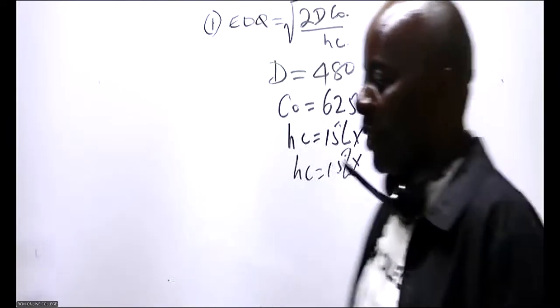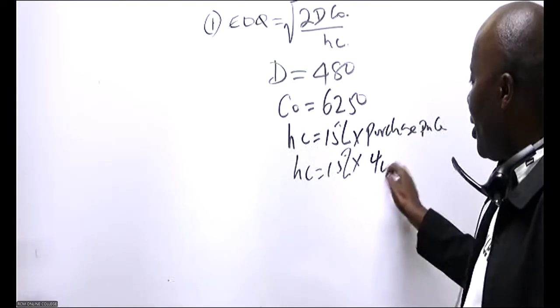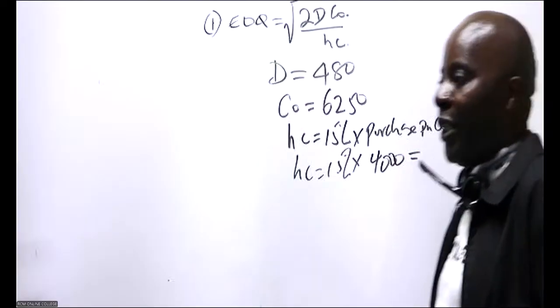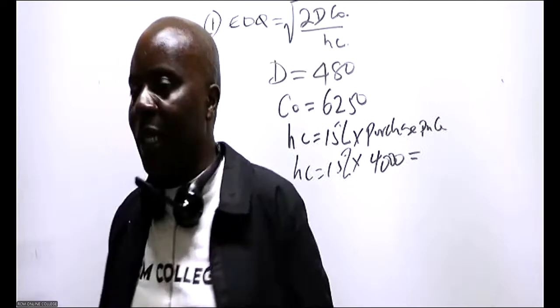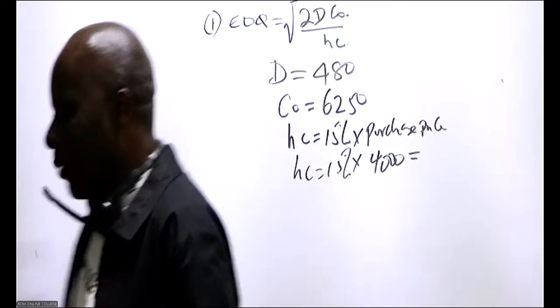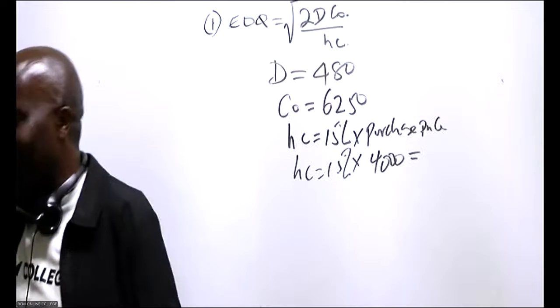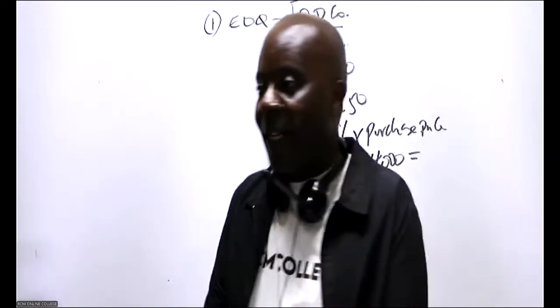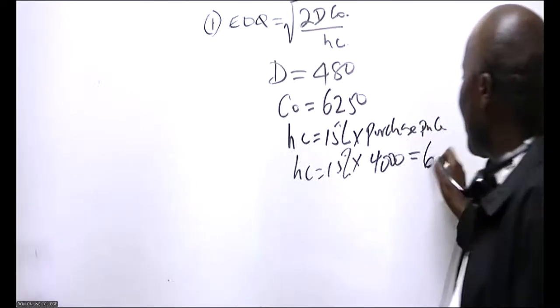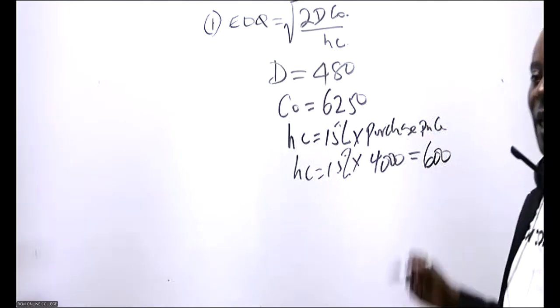This mattress is going for 4,000. So then 15% times 4,000. What are we able to get there? 600. Is that okay? Now we have everything.